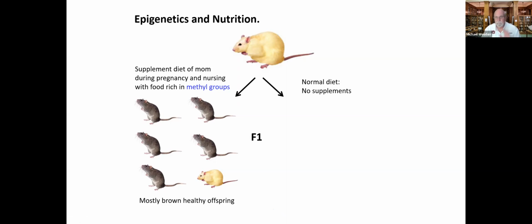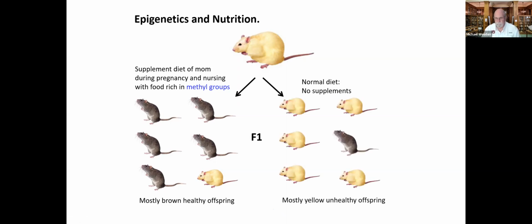If you don't, you just leave them alone, don't give them supplements of any extra food, let them feed as they want, most of their progeny will be unhealthy. They'll eventually be obese mice. You'll get a few, of course, that will not. But the basic argument is that adding methyl groups, adding the nutrients needed to do the methylation, will shut down this gene itself.